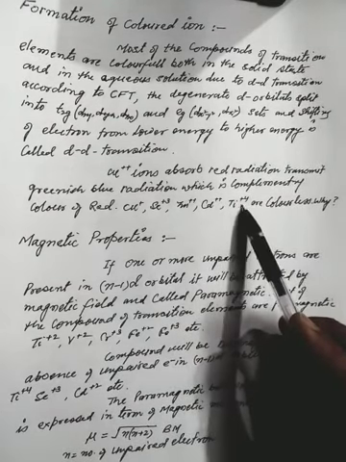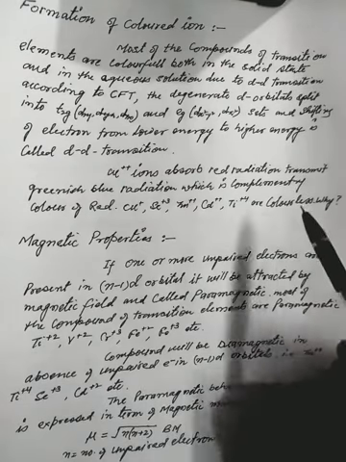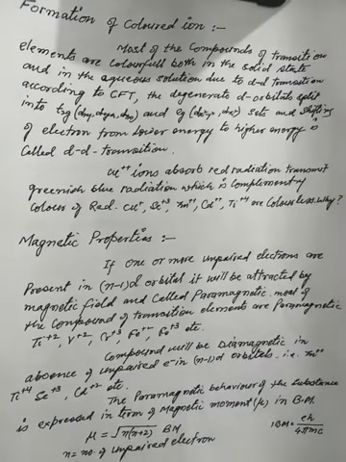In case of Ti4+, there is no electron, so no movement, it will be colorless. So now you can define why compounds of transition metals are colorless: there is no chance of d-d transition, and why the compound will be colorful: there is a d-d transition.